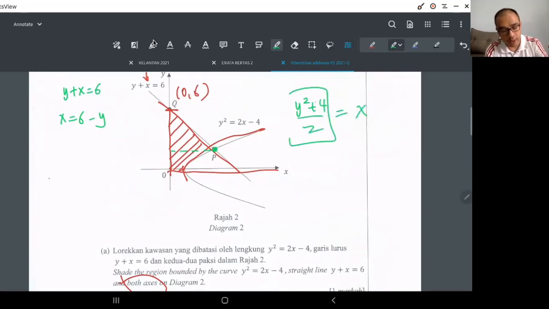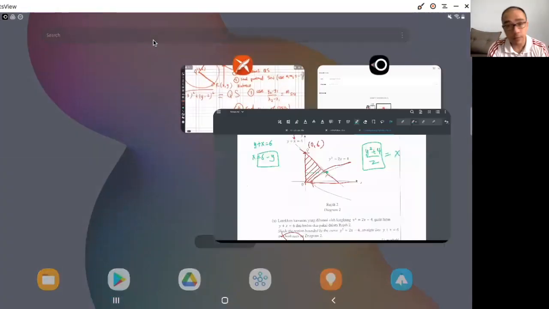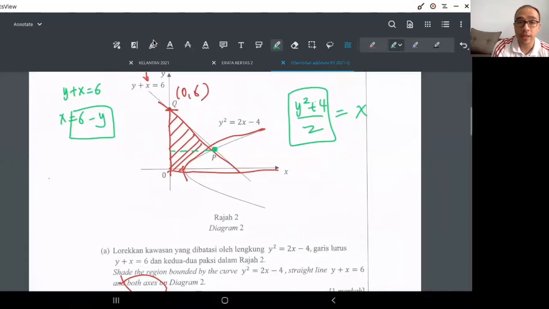So you make this equal to this: y squared plus 4 over 2 equals to 6 minus y. And what you will get, if I'm not mistaken, how much is it now? Is it 2? Yeah, it's 2. So you will get this value is 2. I'm going to tell you that now.